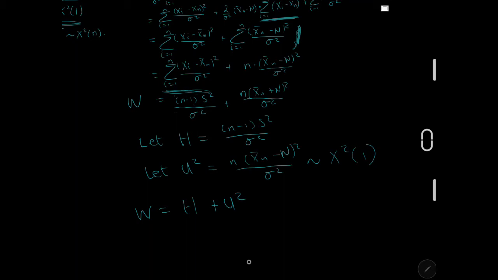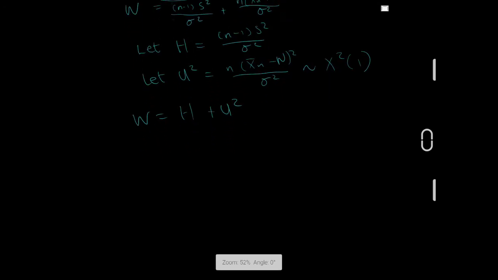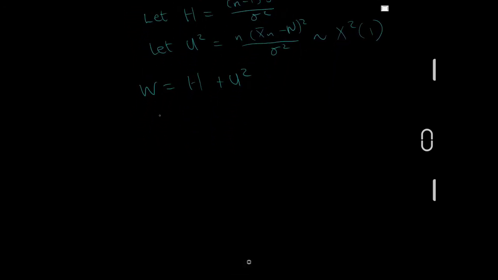Now we know that w is a chi-squared with n degrees of freedom, and we know that u squared is a chi-squared with 1 degree of freedom.